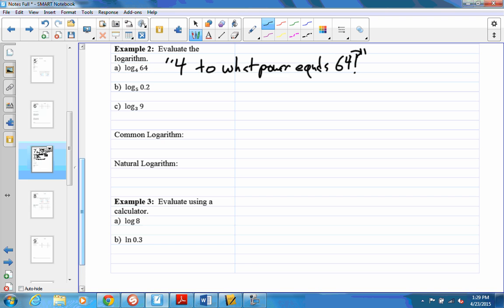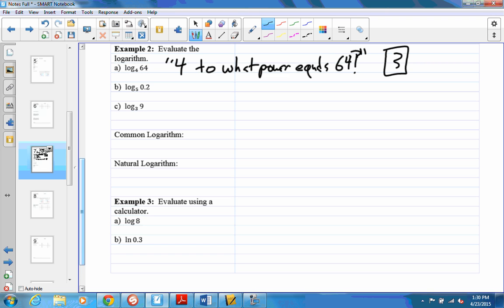But evaluating logs without a calculator, you should be able to do for most basic squares and cubes, right? This would be the furthest I'd put you. 2,401. Okay. So the answer for this, guys, would just be 3. If I'm going to evaluate that logarithm, it's just an answer of 3. 4 to the third power.